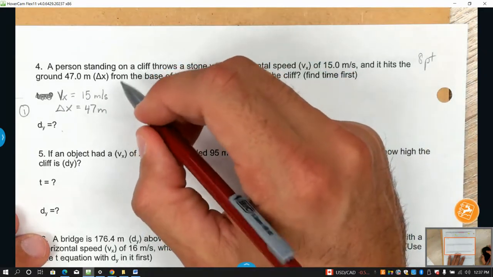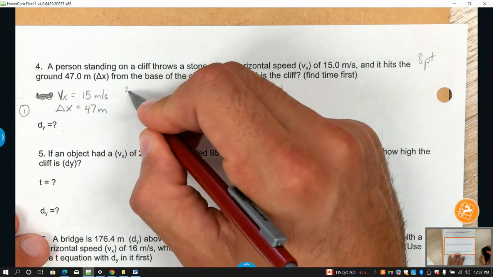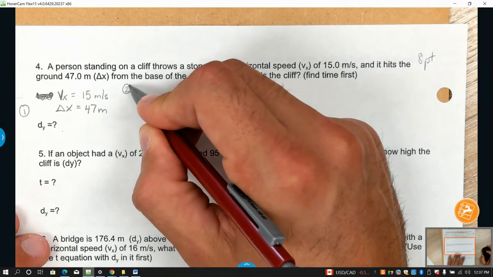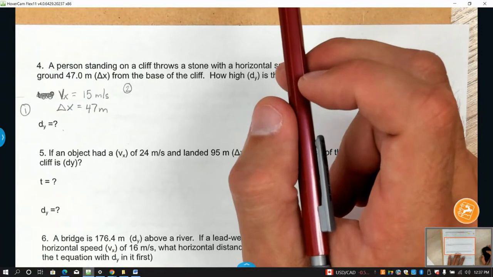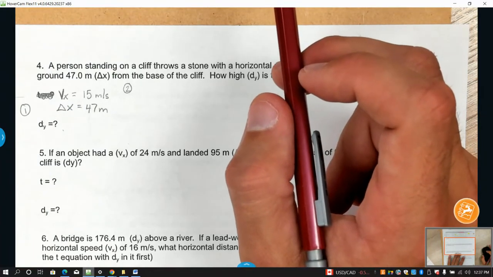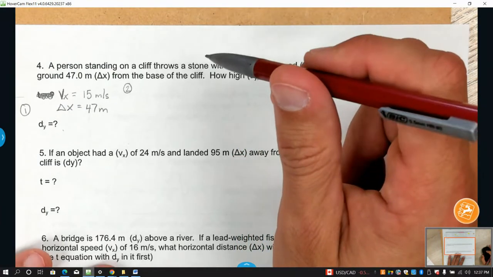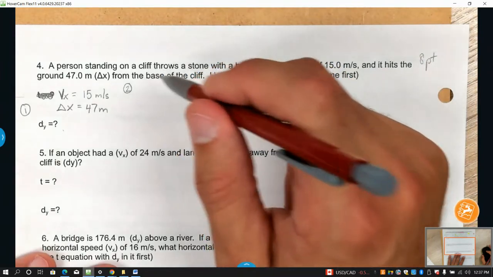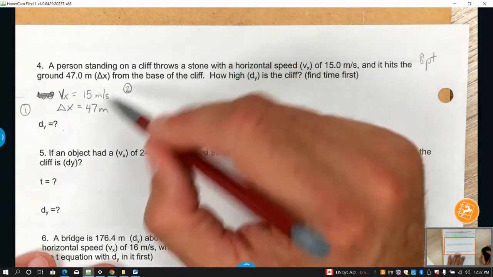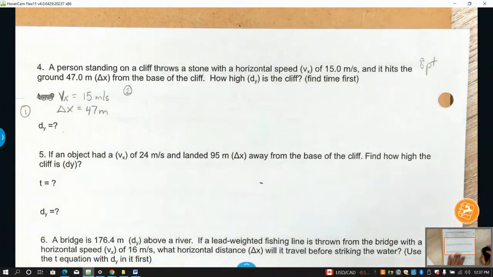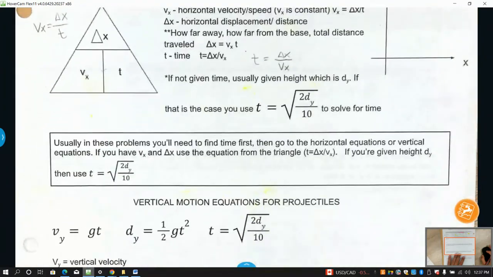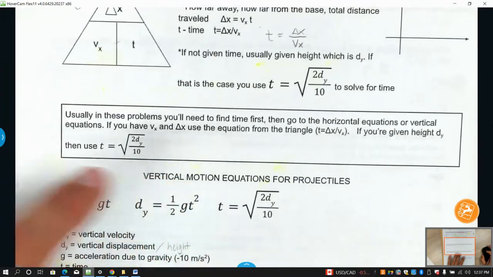Your second step is always going to wind up being figuring out what equation we need to use in order to solve for our question mark. If you're not sure, dy, that's in the vertical set of equations.